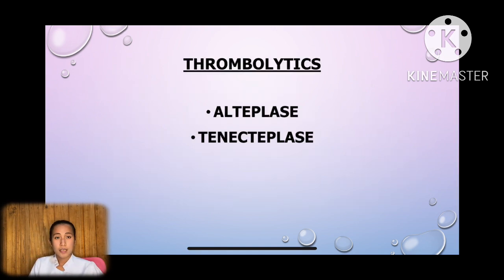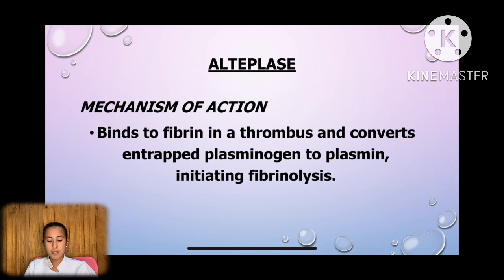And again, let's proceed to the thrombolytics. So there are two generic names, the alteplase and the tenecteplase. So alteplase, mechanism of action, binds to fibrin in a thrombus and converts plasminogen to plasmin, initiating fibrinolysis.